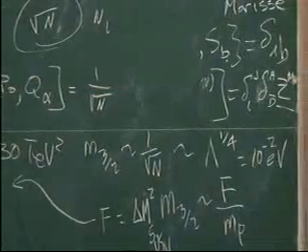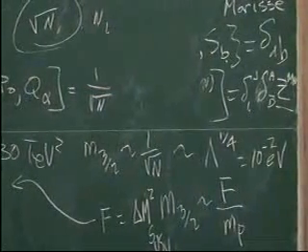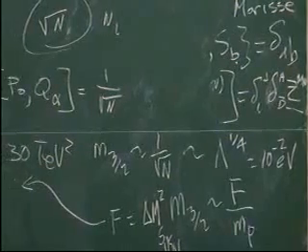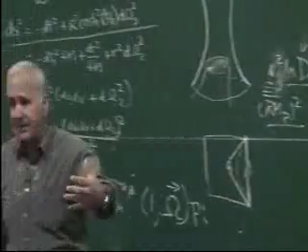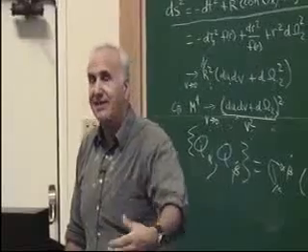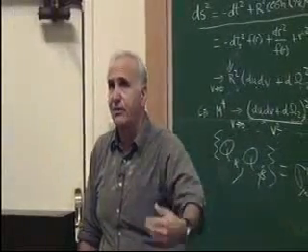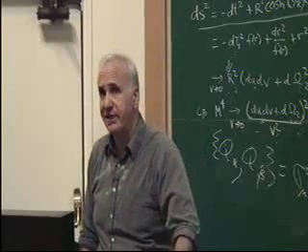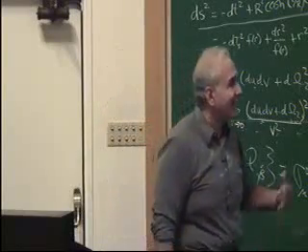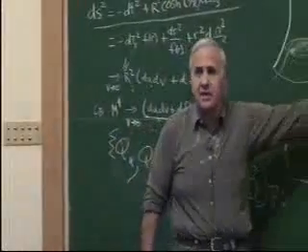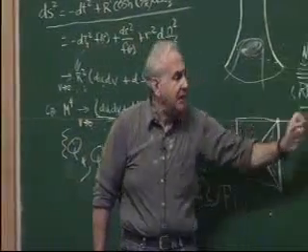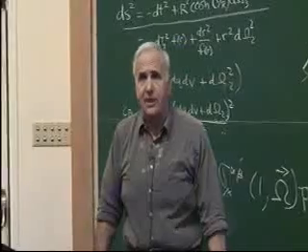Witten argued that the volume of the compact manifold in the right theory of the real world was going to be the thing that explained the difference between the Planck scale and the unification scale. So if you put in that phenomenological guess for what log D is, then you get this formula.